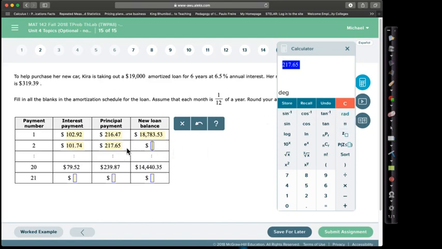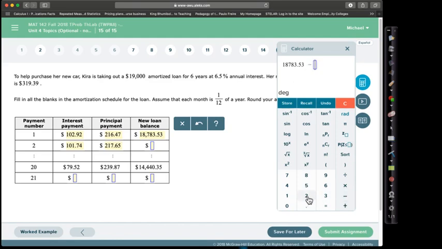Now we take the principal payment and subtract it from the balance of $18,783.53.